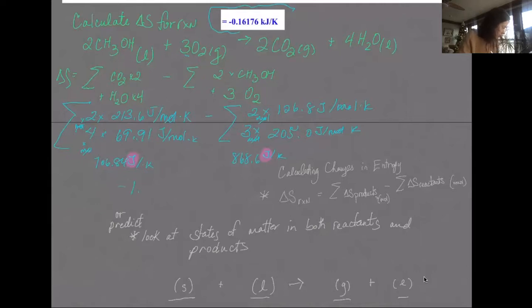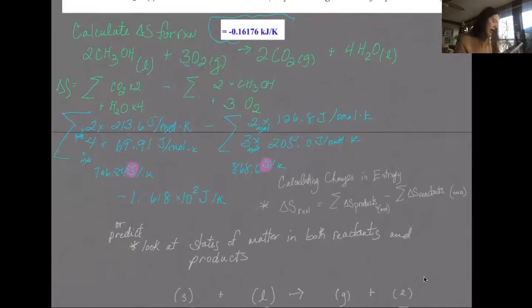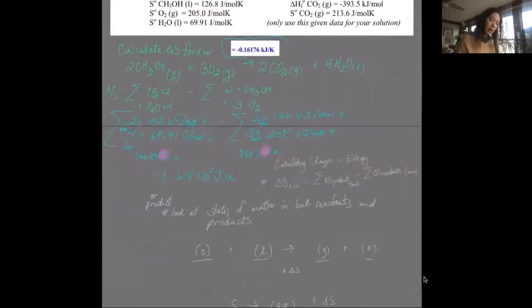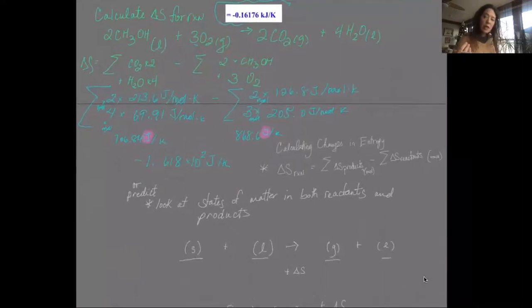Negative 1.618 times 10 to the second joules per Kelvin. Notice up top, they've changed that to kilojoules, and you are going to want to get in the habit of doing that. You can do that by dividing it by 1,000. That is because we will often use this in conjunction with enthalpy, and our enthalpy is in kilojoules.